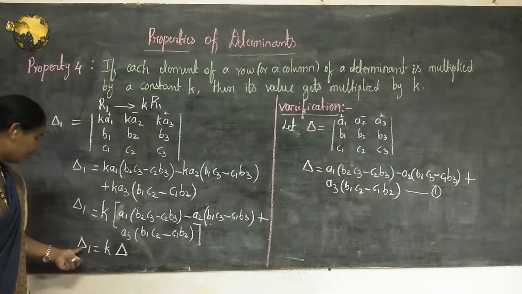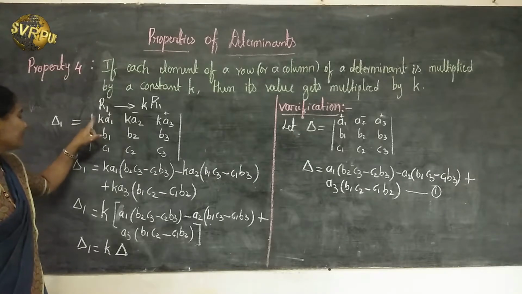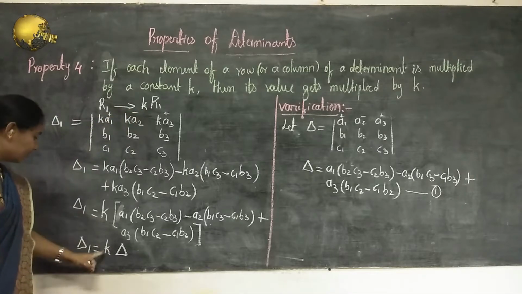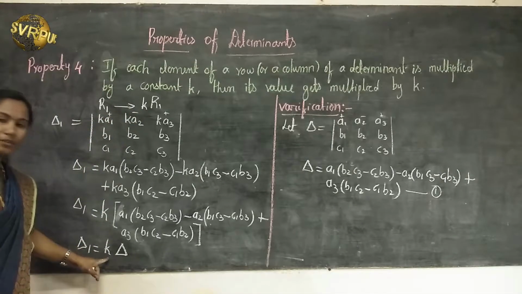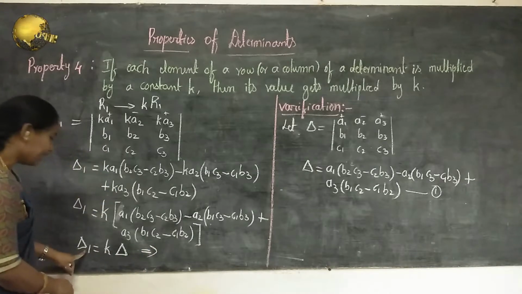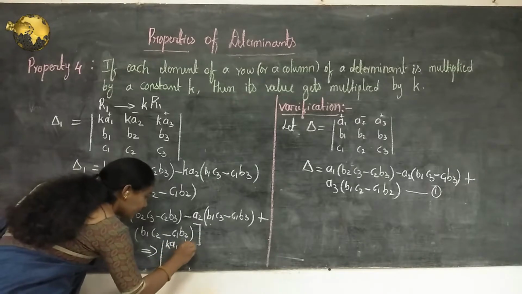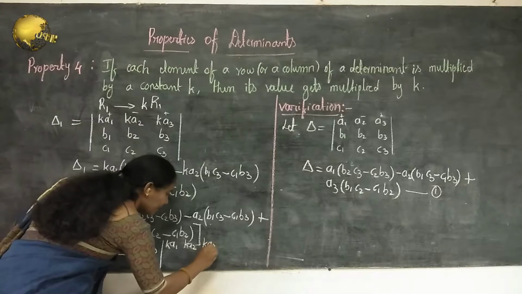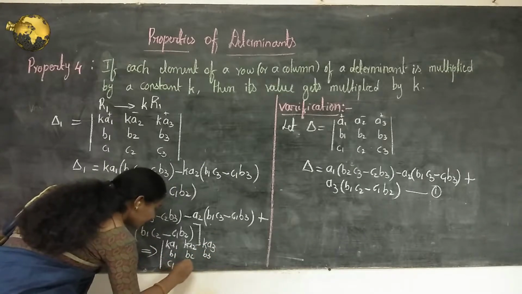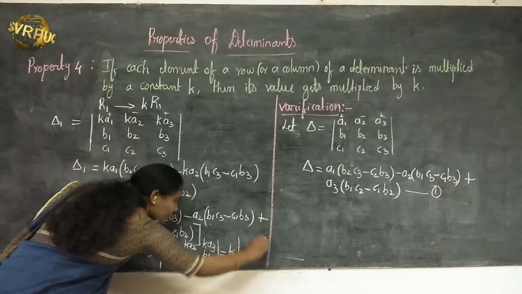That means we have multiplied the first row by k and we got the common factor out. So we can write delta 1, which is the determinant ka1, ka2, ka3, b1, b2, b3, c1, c2, c3, is equal to k into, what is delta?